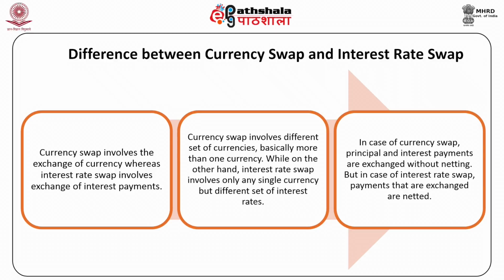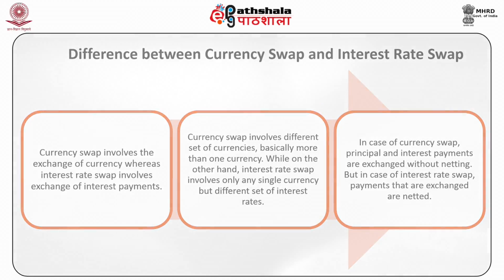Currency swap involves different currencies, basically more than one currency, while interest rate swap involves only a single currency but different sets of interest rates. In a currency swap, principal and interest payments are exchanged without netting, but in an interest rate swap, the payments that are exchanged are netted.